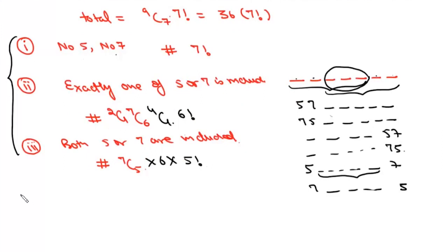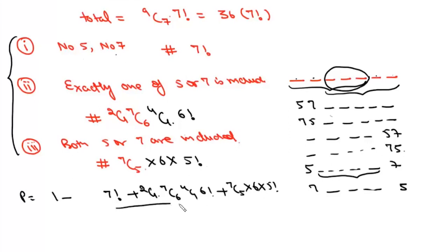So this probability will be 1 minus, now this is factorial 7 plus 2c1, 7c6, 4c1, factorial 6 plus 7c5 into 6 into factorial 5 divided by 36 factorial 7.